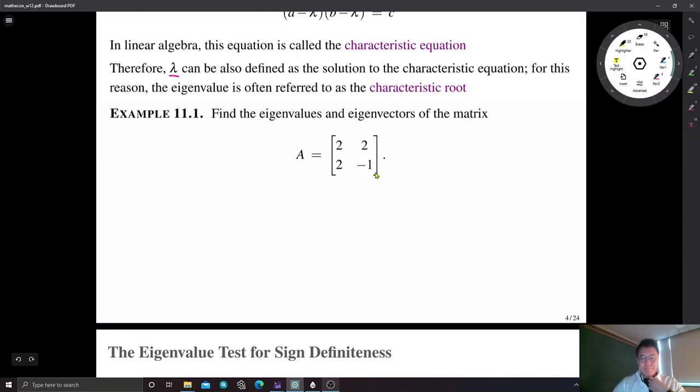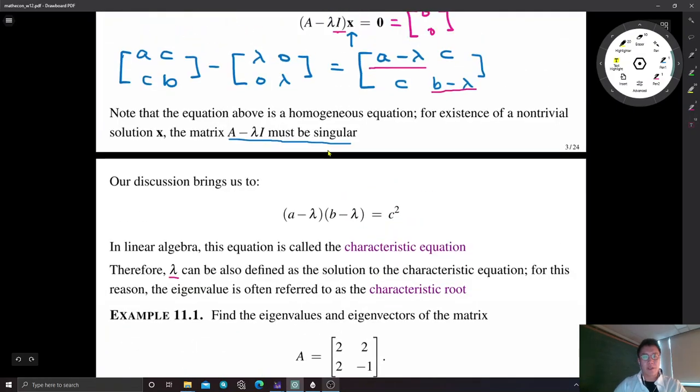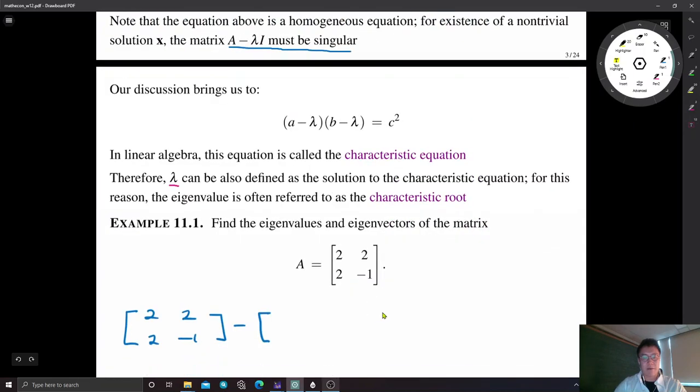All right. So the way to find eigenvalues is we have to start with the construction of the characteristic equation. So A is given by this, 2, 2, 2, negative 1, and we subtract away lambda I. I just try to construct this coefficient matrix in this example.